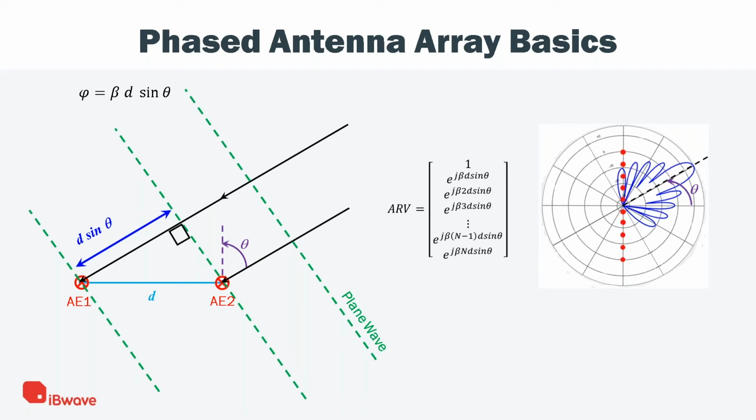We can actually easily create this beam oriented with some steering angle, which is the theta angle that the calculation of the phase shift was based on. So this is one of the main key characteristics why this type of antenna is widely used and is more practical for the wireless communication industry.